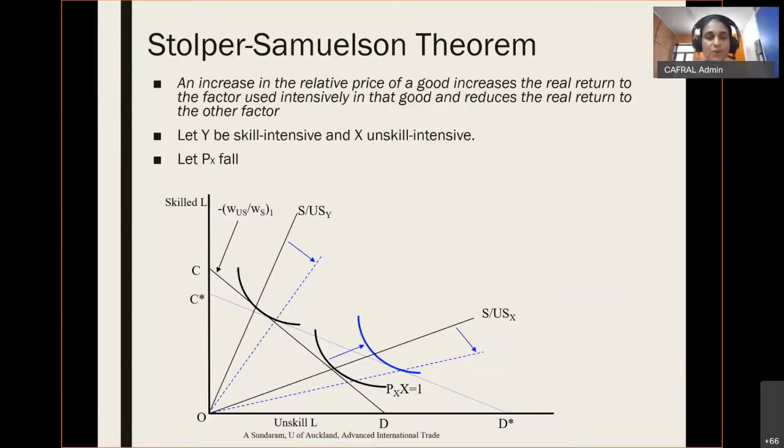So that's what the Stolper-Samuelson theorem tells us. If there's a decrease in the price of a particular product, then what happens to the returns to both factors? Well, the factor that is used intensively in that product is going to lose, its wage goes down, and the other factor is going to gain.